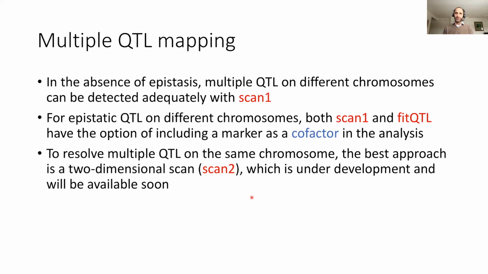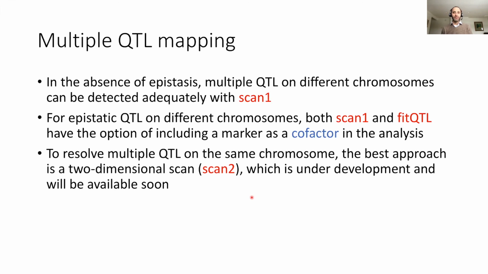When is that important? Theoretically, if you have multiple QTL on different chromosomes, if they're additive, then the polygenic part of the model will take care of that. It's really when you have epistasis between QTL on different chromosomes that it becomes more important to use the cofactor for your discovery or fitting of the QTL model.